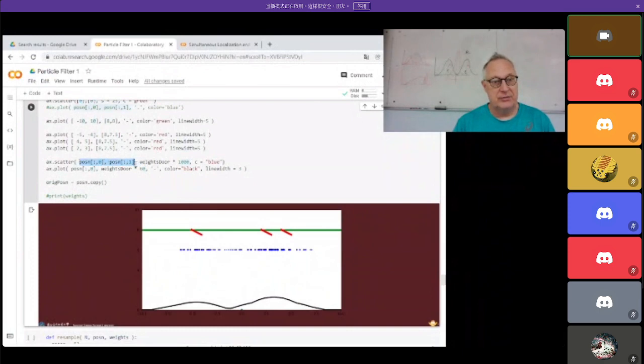So these are the positions, and the size of them is given by how well it corresponds to the location of the door. So that's my posterior probability there, a measure of the posterior probability.